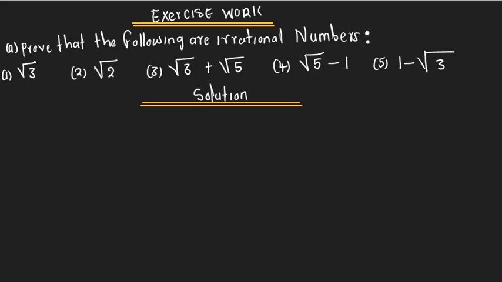Let's get started. So look at this. I'll pick the second one, because it's just the same. If you have the root of 2, we know that root of 2 is an irrational number, but we want to prove that actually root of 2 is irrational.